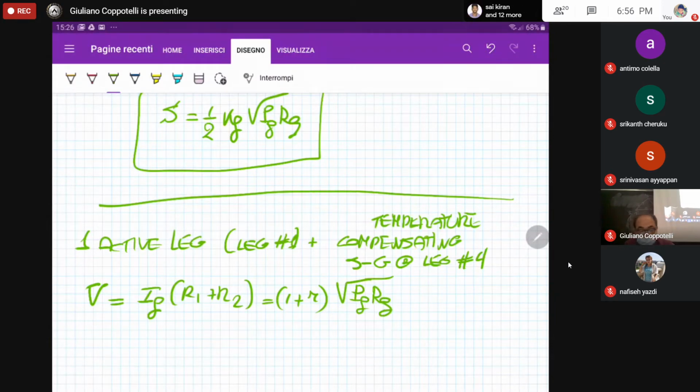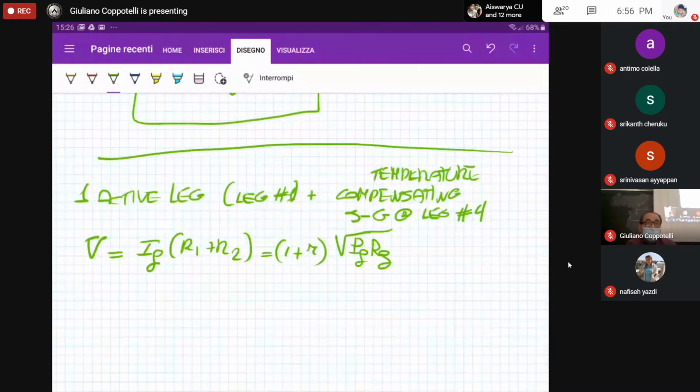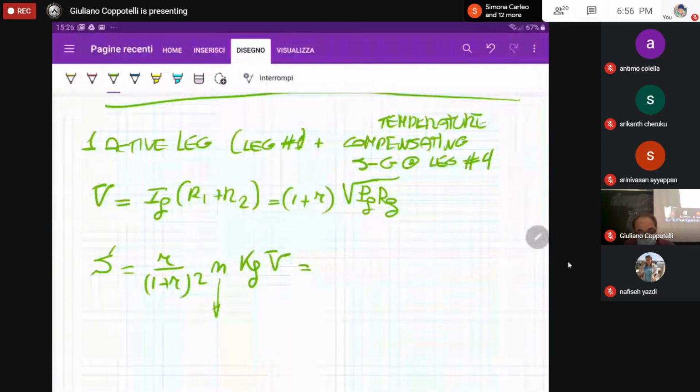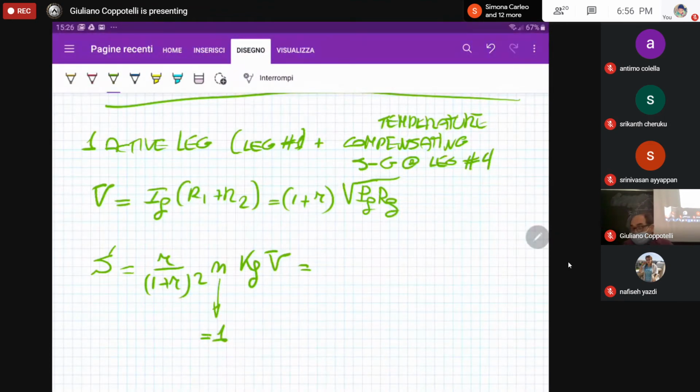You have to follow just the same way of solving as we already had when referring to the quarter leg configuration. Then sensitivity, once again, we are having R over 1 plus R square and KGP, and once again is equal to 1, just one active leg. So that is equal to R over 1 plus R square kg 1 plus R root square PGR.